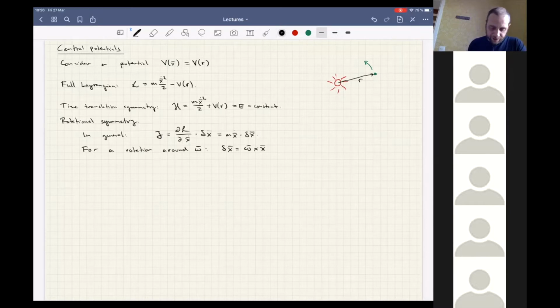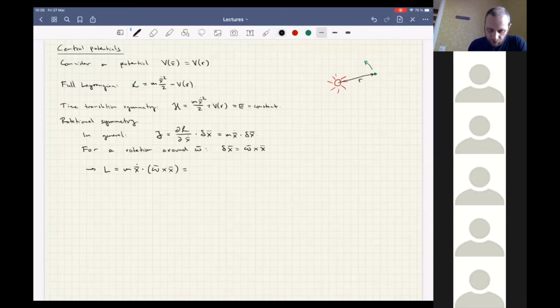So inserting this means that our constant of motion, which I'm going to call L for reasons that will soon become apparent, is going to be equal to m x dot inner product with omega cross x. And this is a triple product, so we can make a cyclic permutation of this without changing the value.